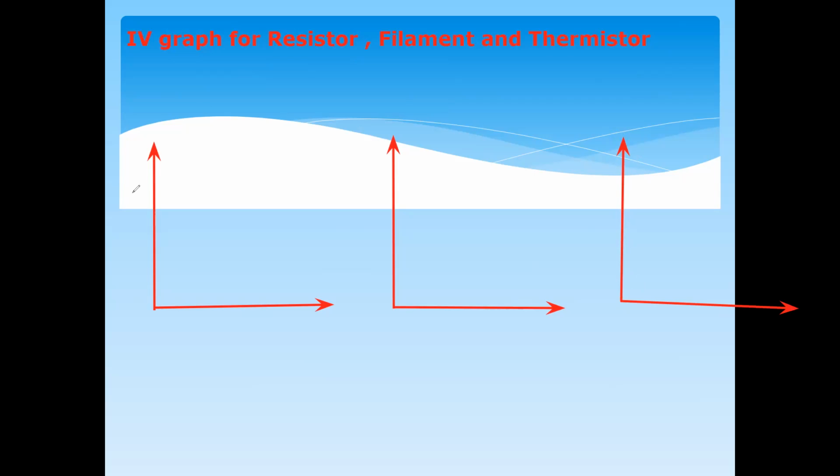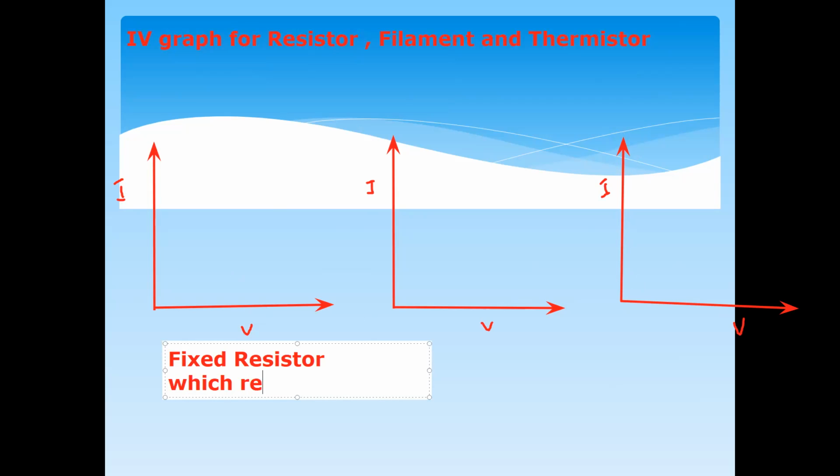We have current and voltage on the axes. Here we have a resistor, a fixed resistor, whose resistance does not change.